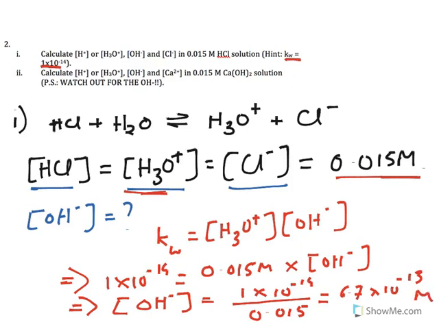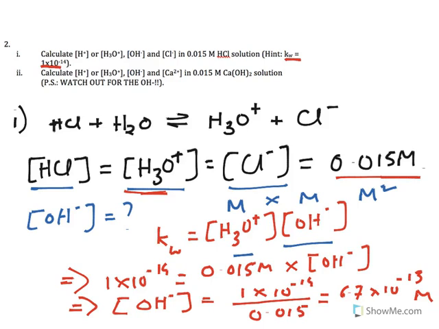Now, some may ask, how did we get the units? That's not a problem, because if we look at the Kw equation over here, we see that H3O plus has no squares or any other coefficients or any powers. So we know that we will have 1 molar over here and then another molar, which would multiply to give us molar squared.